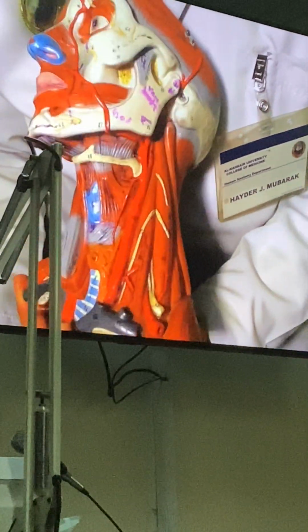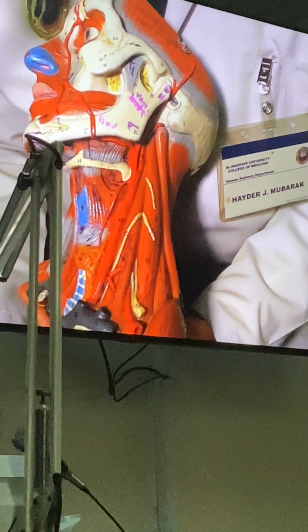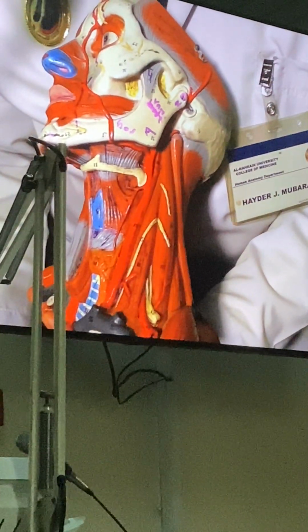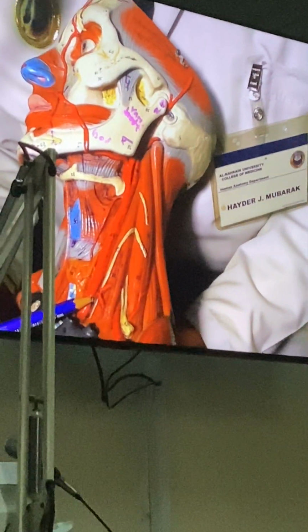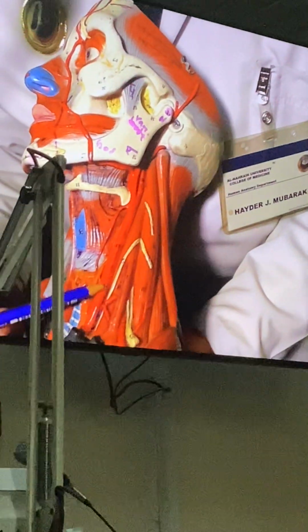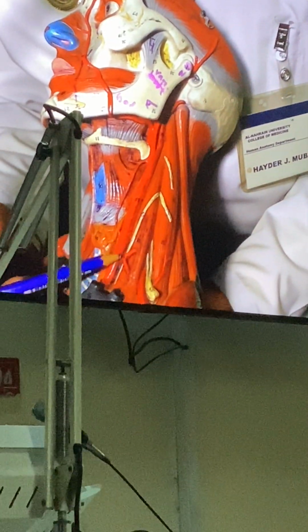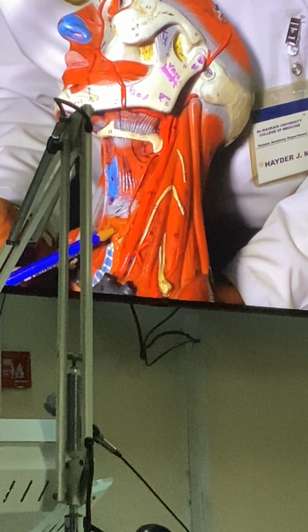What else could be demonstrated here? You can see here is the thyrocervical trunk. It gives a branch that arches medially going to the thyroid gland.